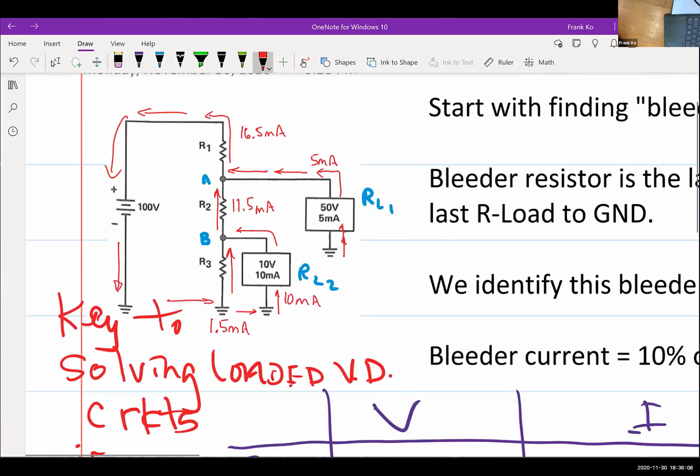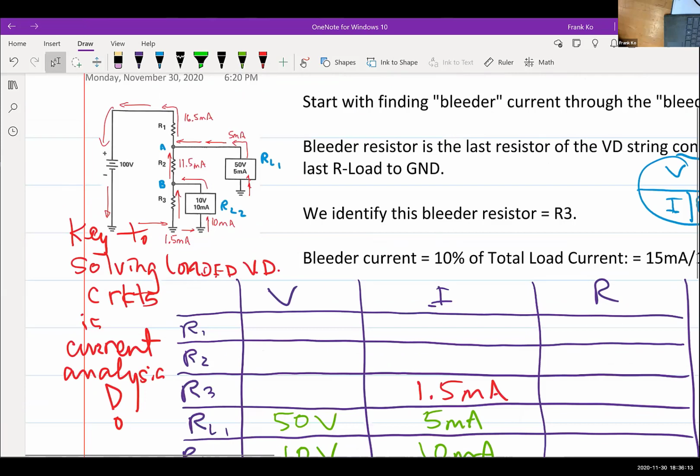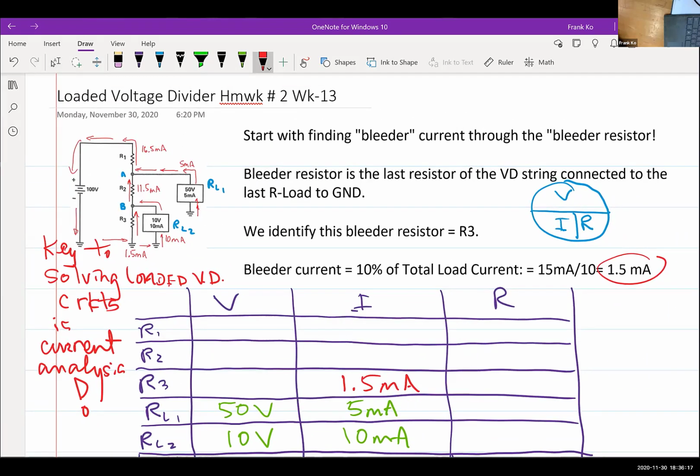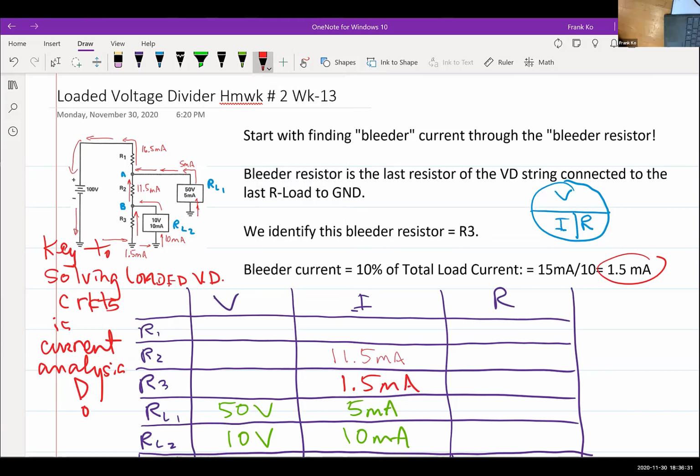And so why don't we now take this current analysis and fill in the information in our table. We have RL2 as being 11.5 milliamps. Let me change the thickness of that pen. 11.5 milliamps.